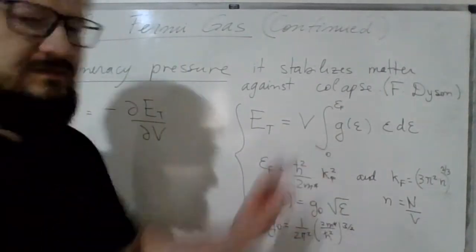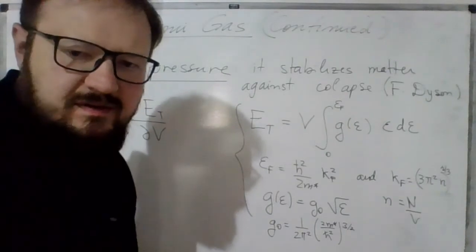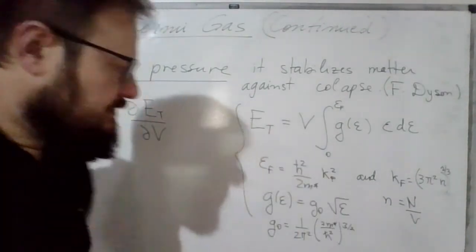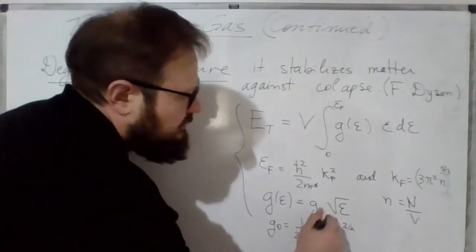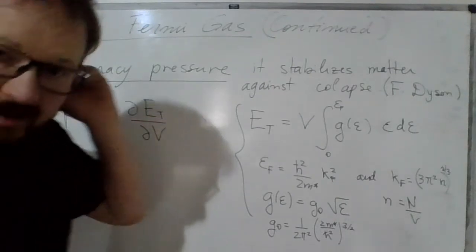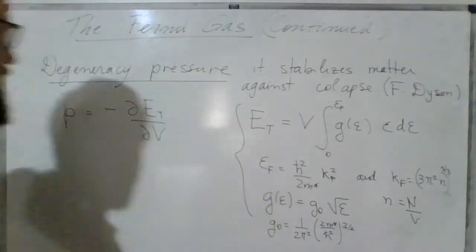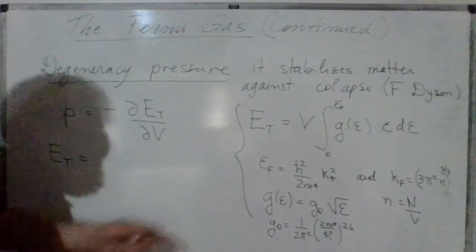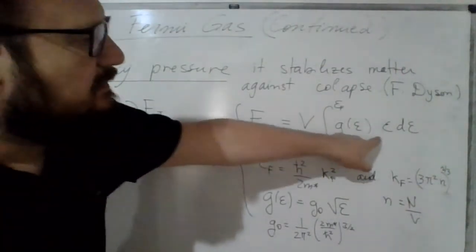We will not write it explicitly all the time, just as a constant given the mass, Planck's constant, and so on. Okay, so we already have calculated the total energy. It will correspond to an integral over the energies.